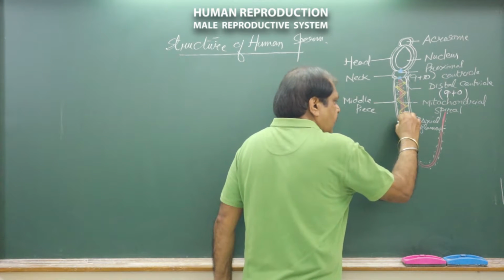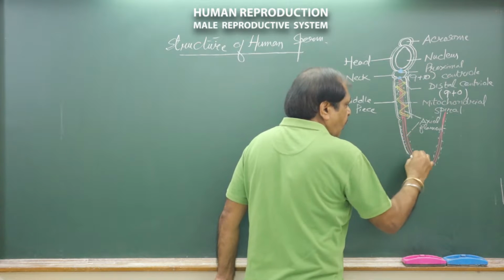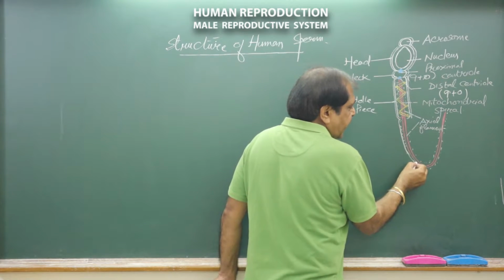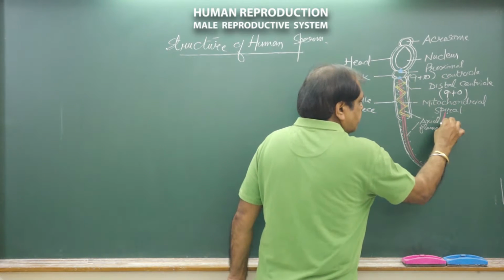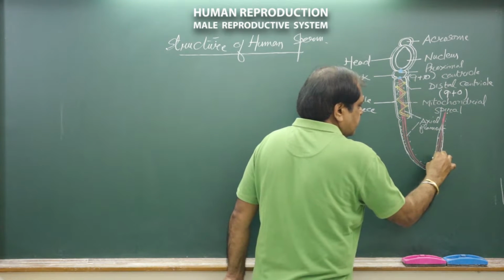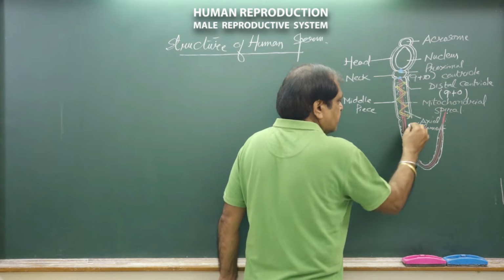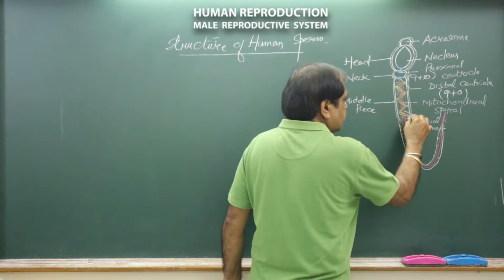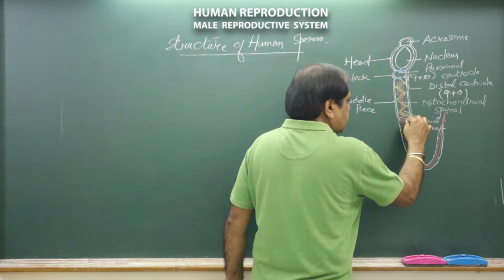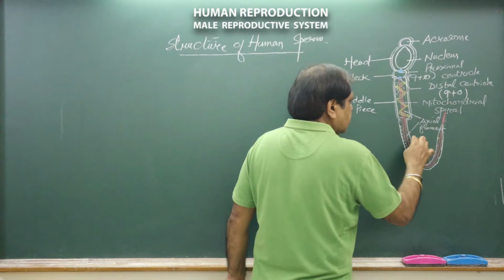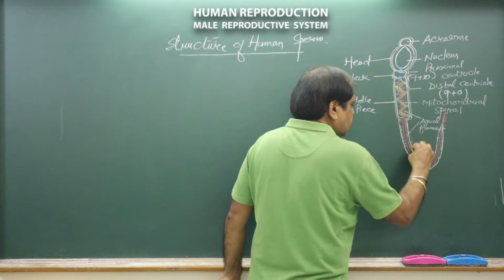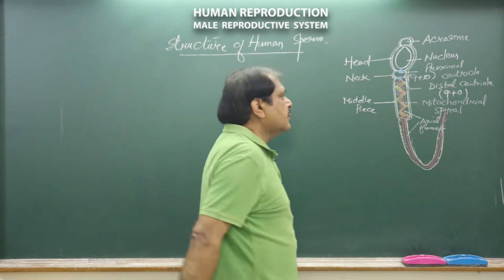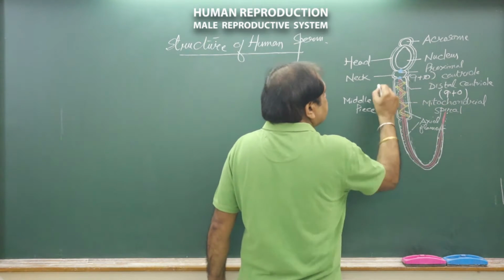This is again the plasma membrane of the tail region. This is the plasma membrane, you can see.